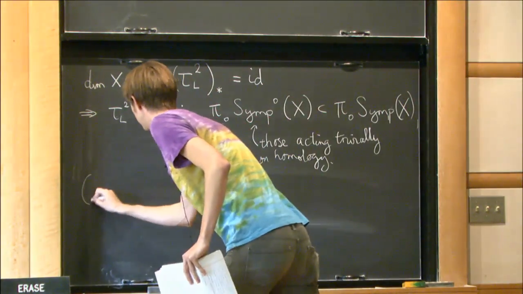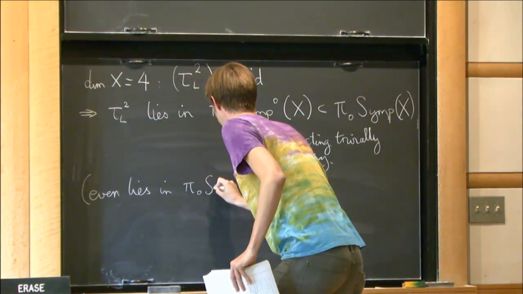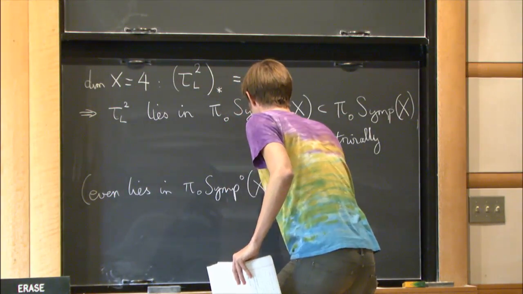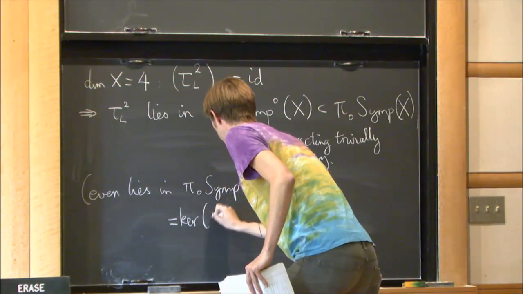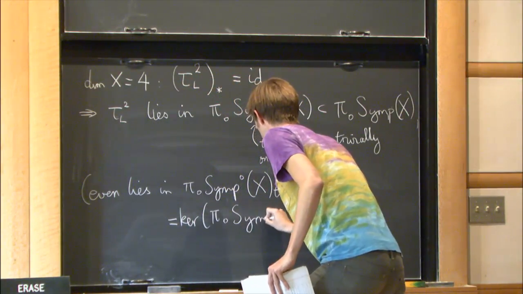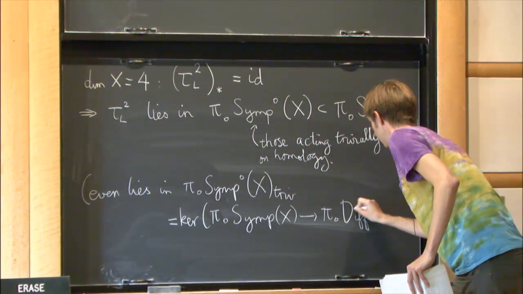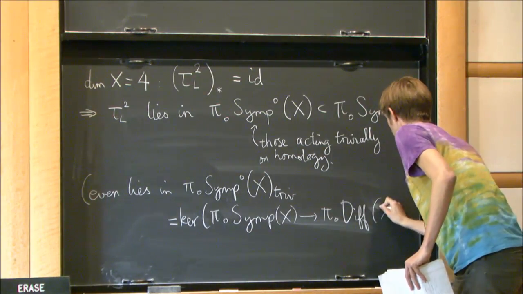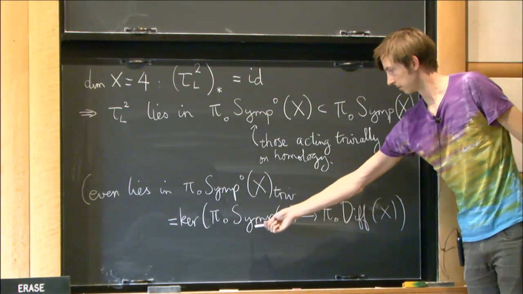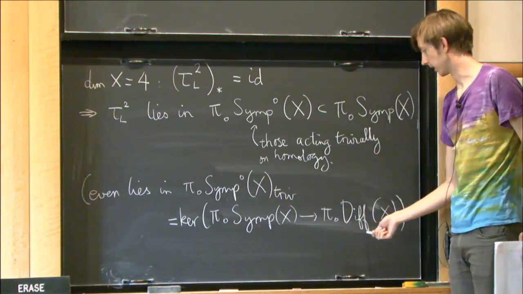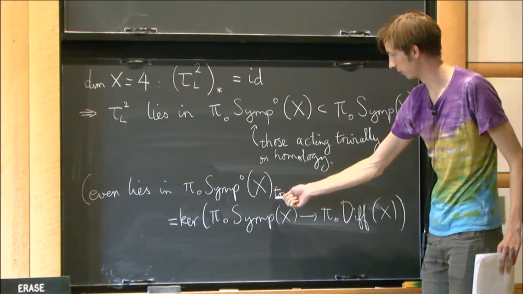And it even lies in the kernel of the obvious map from the symplectic mapping class group to the smooth mapping class group, which we denote by putting a subscript triv here.